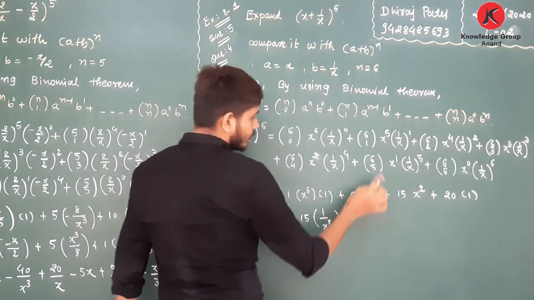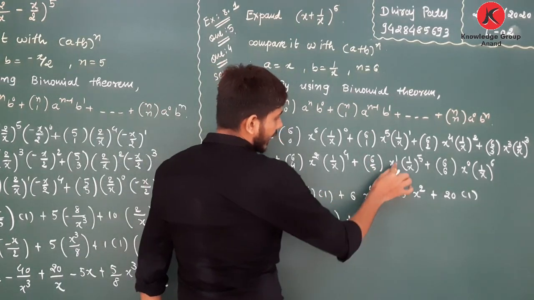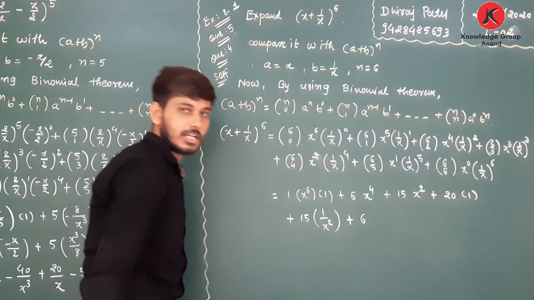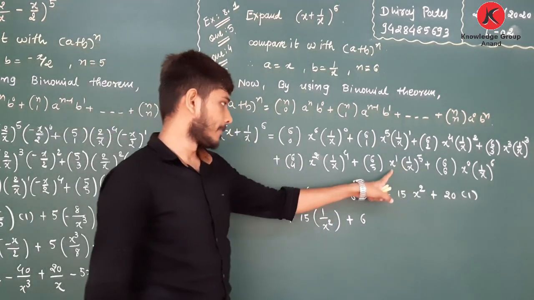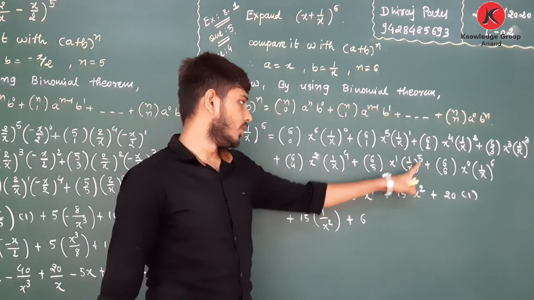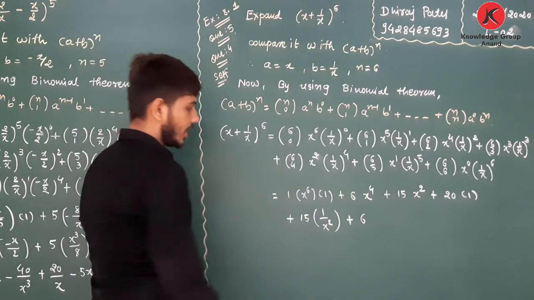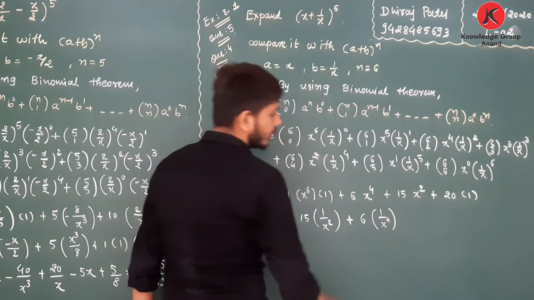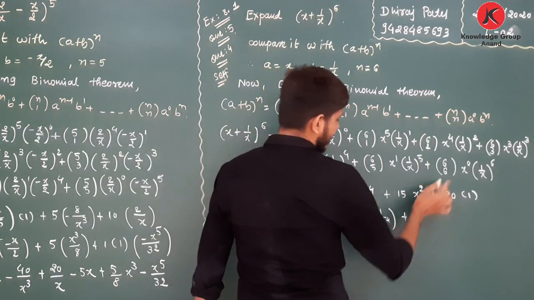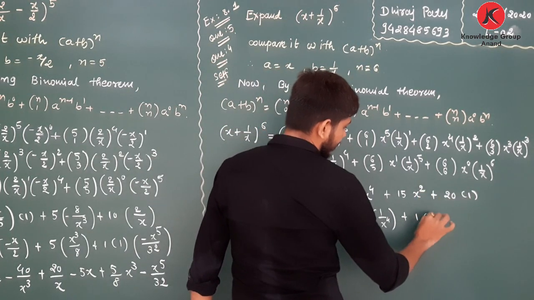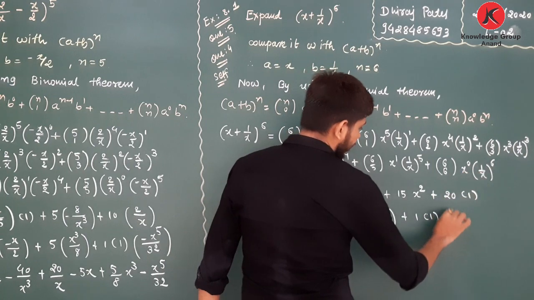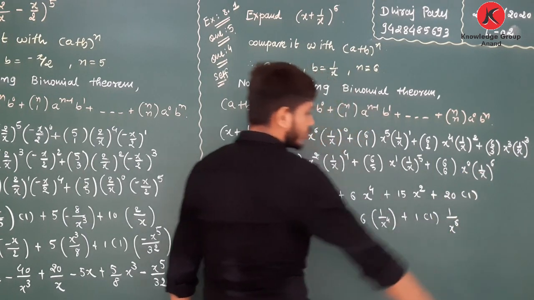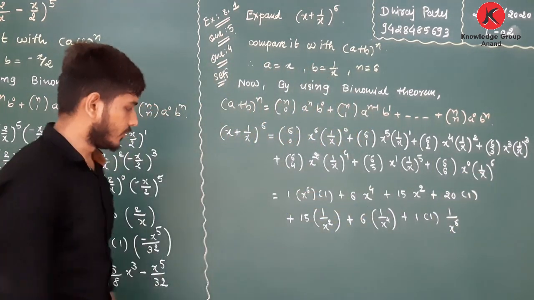Next step, 6C5 will become 6, x raised to 1 into 1 upon x raised to 5, x raised to 1 into 1 upon x raised to 5 will become 1 upon x raised to 4, plus 6C6, the answer is 1, x raised to 0 is 1 upon x raised to 6. Now simplify these terms.